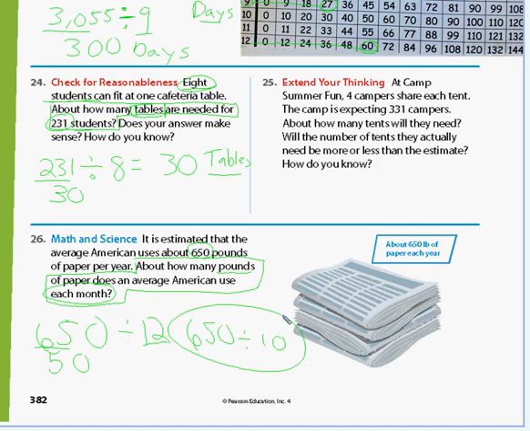Dividing by 10 is just as easy as multiplying by 10. Whenever we multiply by 10, we add a place value. So if I was multiplying 650 by 10, we would add another place value, and we'd end up with 6,500. But when we're dividing by 10, we do just the opposite. You just take away a place value.